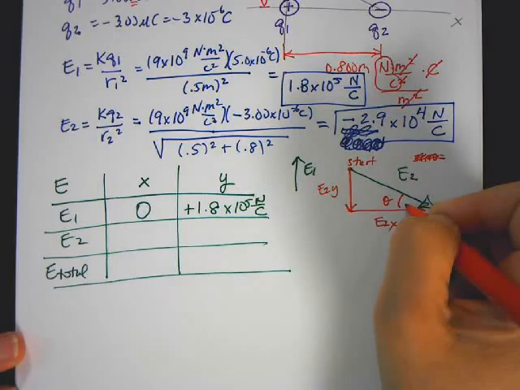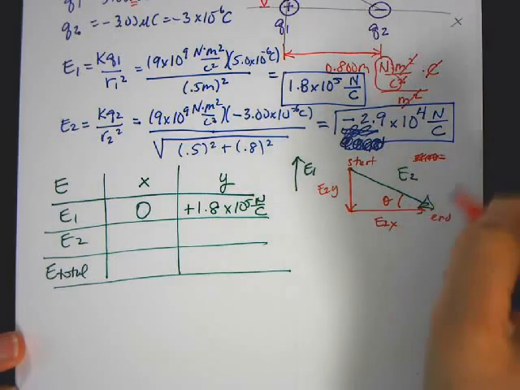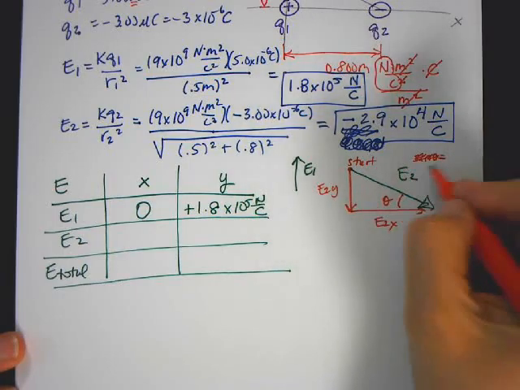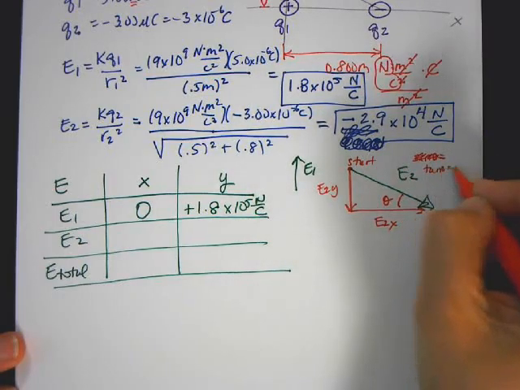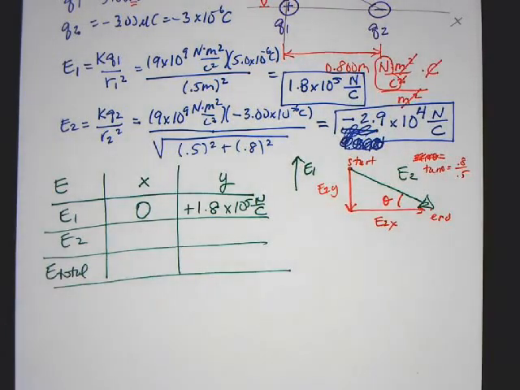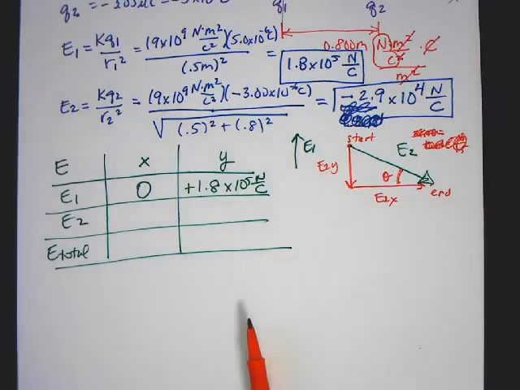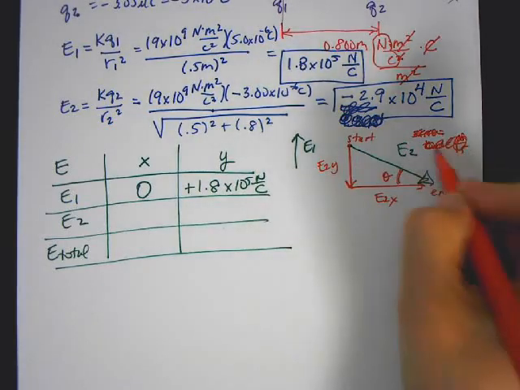I could use tangent and say it's opposite over adjacent. So tan of theta is equal to 0.8 over 0.5. Okay, so when we figure out this angle, it comes out to be 32 degrees.